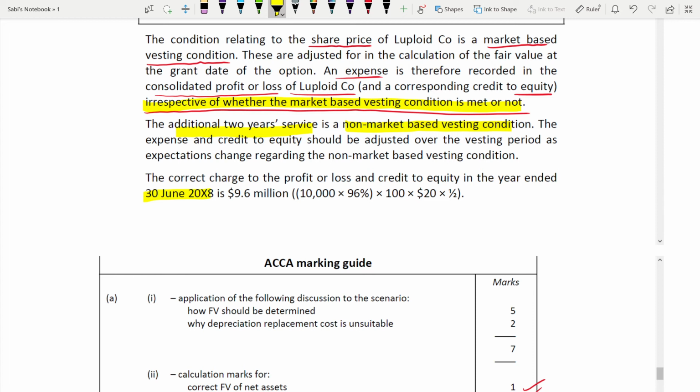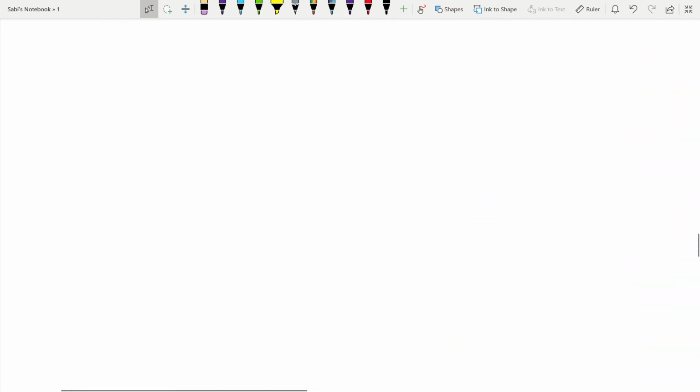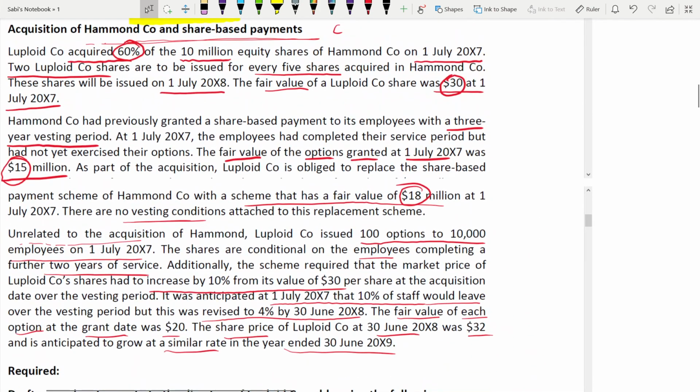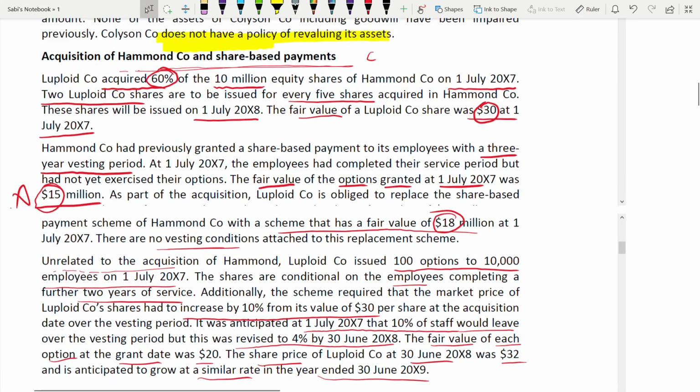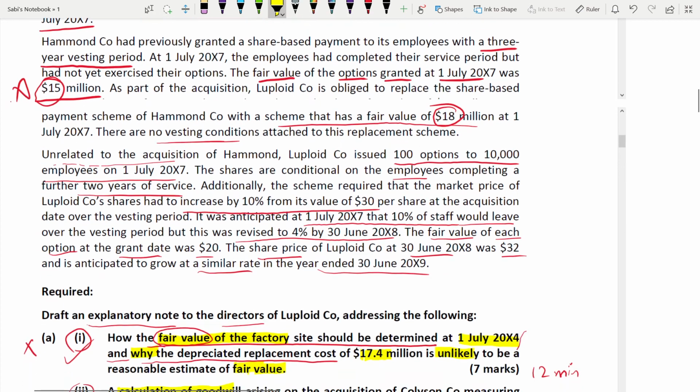To understand this, let us go through it. If you see here, how much it is? 100 options to 10,000 employees. You have to multiply 100 by 20 since it is 2 years, so 1/2, because you want it for 30th June 2008.